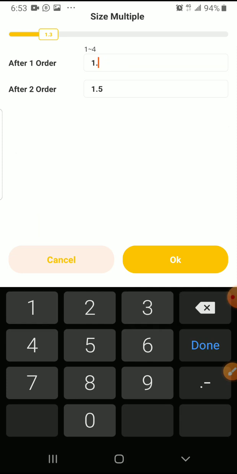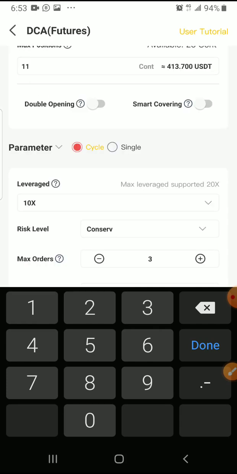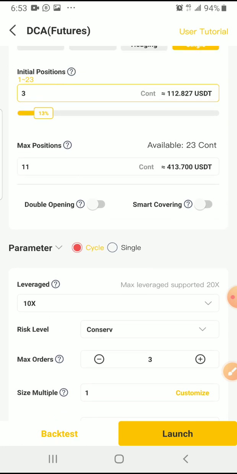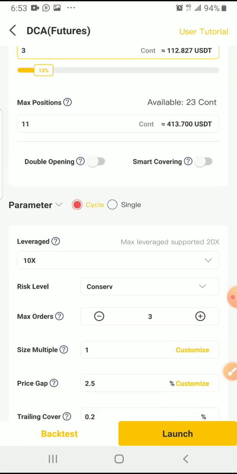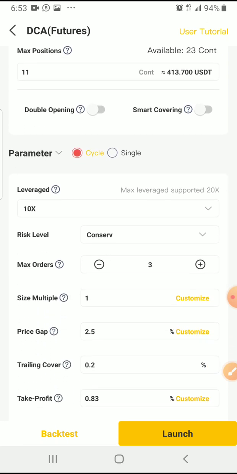Like 1.3 here, I've made it 1. Let's just look at this one. Now it has turned to what? 413. From 800 it is now 400. So whatever you have here as size multiple is very important.